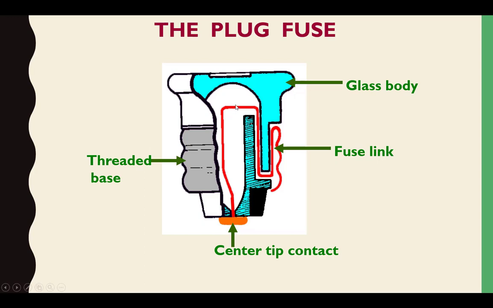As long as the current level is within the design of this, everything's fine. But if the current exceeds what this wire can handle, it will burn in two and break continuity in the circuit. It acts like an open switch. It works by melting in two.